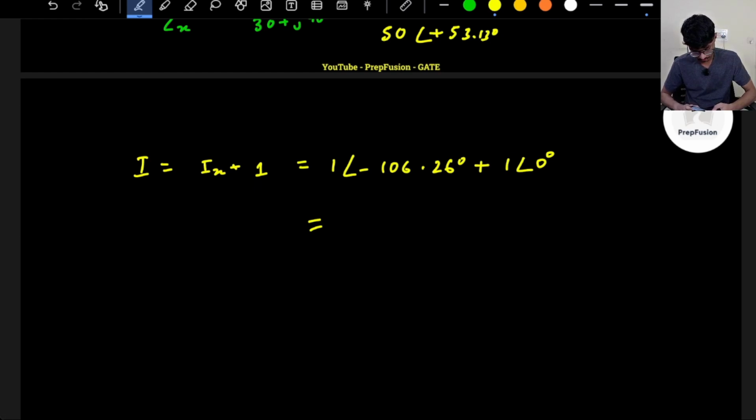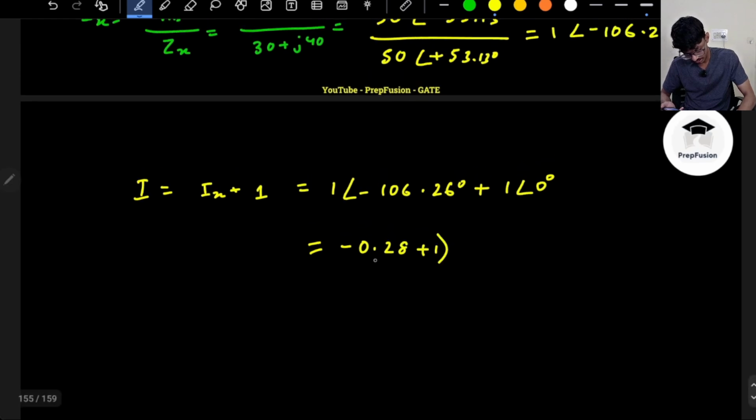So for 106.26, minus cos, this will be minus 0.28, plus 1 is there already, minus j, 106.26 minus sine, so this is 0.96. So this will be 1 minus 0.28, and minus j 0.96.